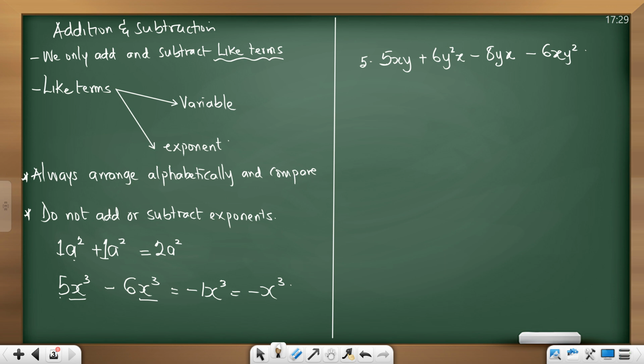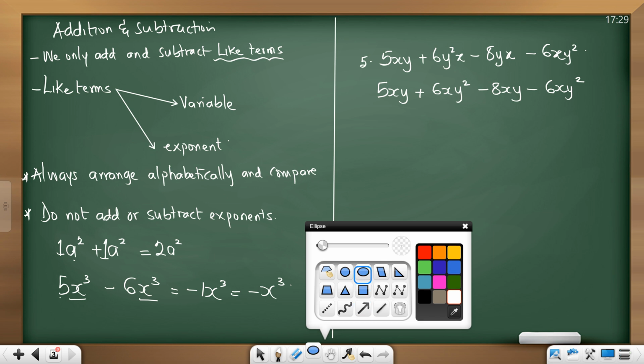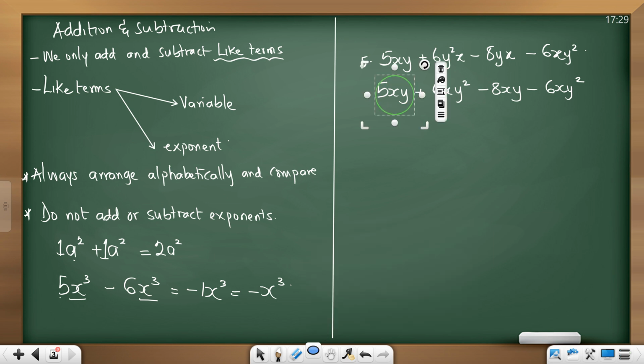So let's look at this question quickly. Number 5. First, arrange alphabetically. 5xy plus 6xy squared minus 8xy. All right. Do we have like terms? Yes. Which ones are like terms? I'm going to use colors, x and y. The number goes with the sign.